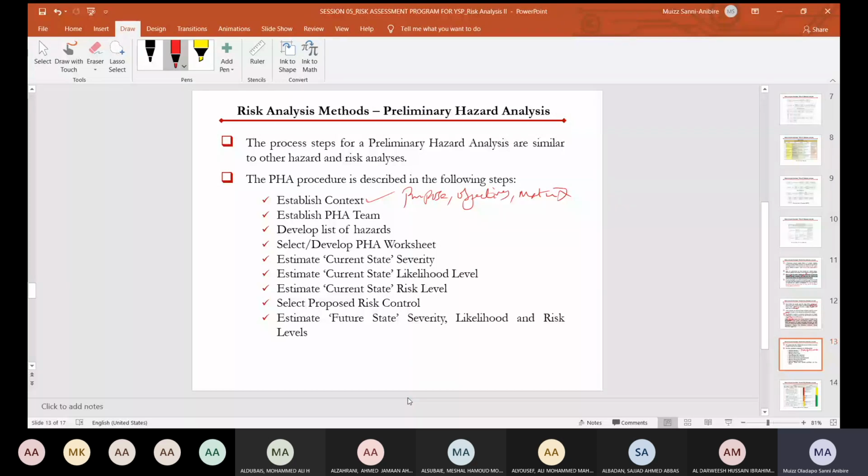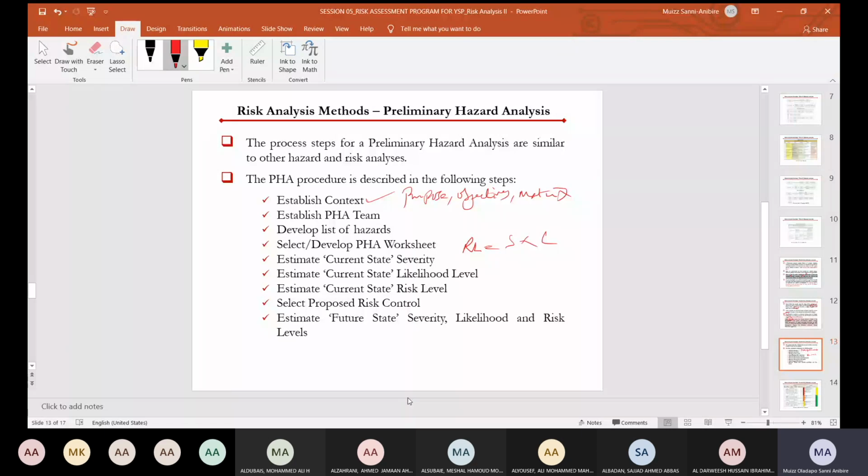The current state of risk level comes from combining the severity and the likelihood, as you already know: risk level equals severity multiplied by likelihood. After identifying the current state, you have to identify the risk controls that are available on site, that is, the existing risk controls.